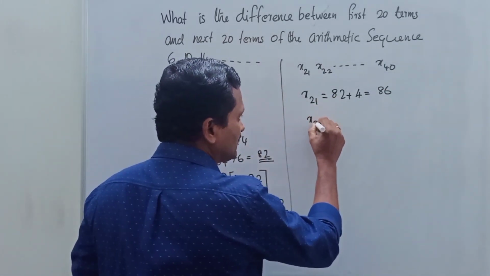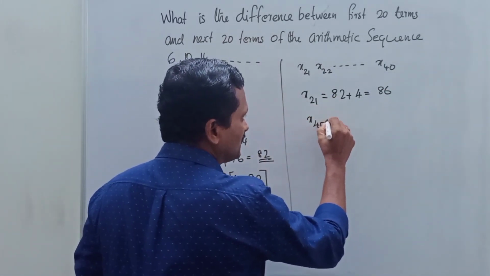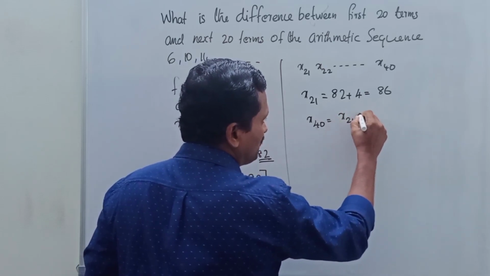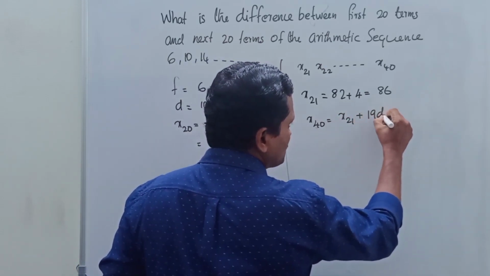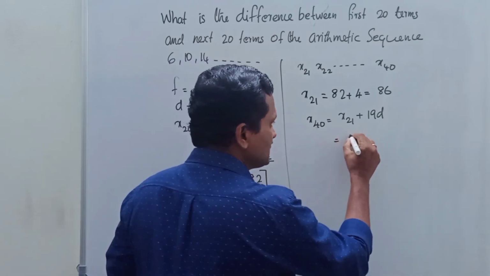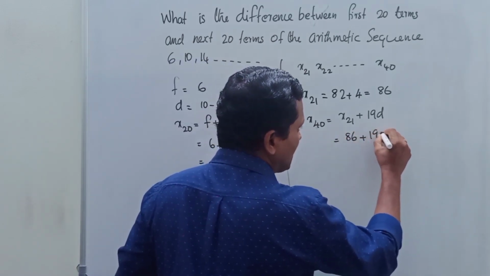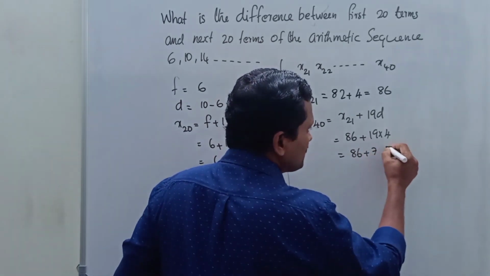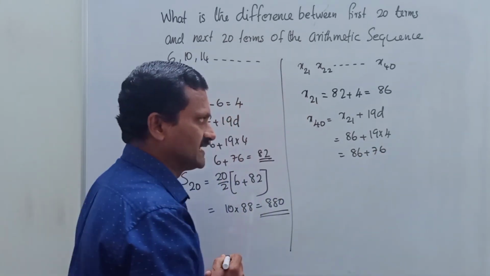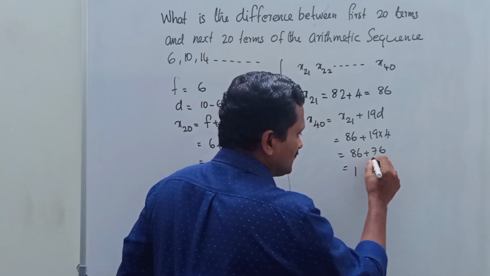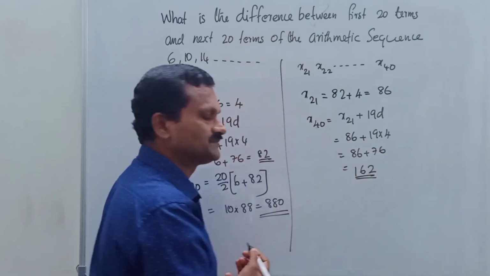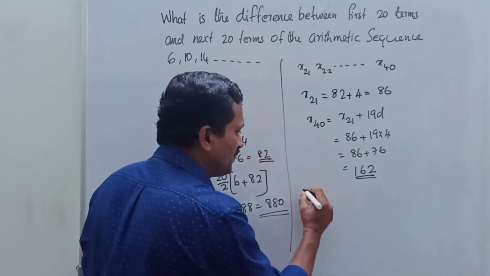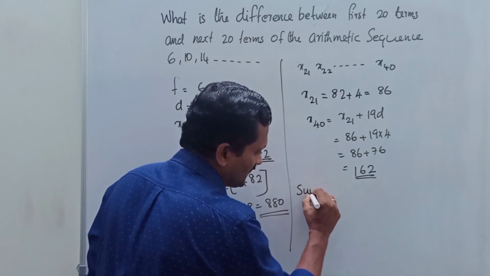Then the 40th term x40 equals x21 plus 19 times the common difference, that is 86 plus 19 into 4, that is 86 plus 76, which is 162.